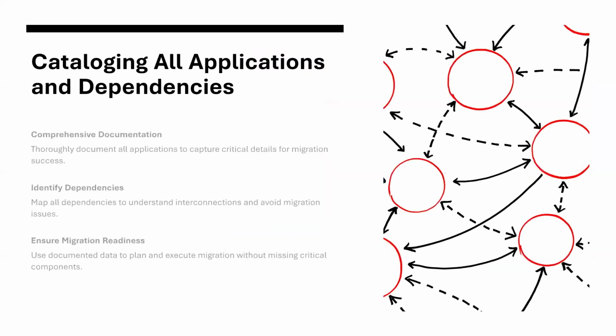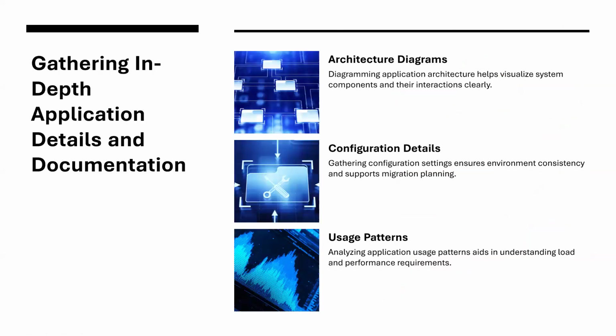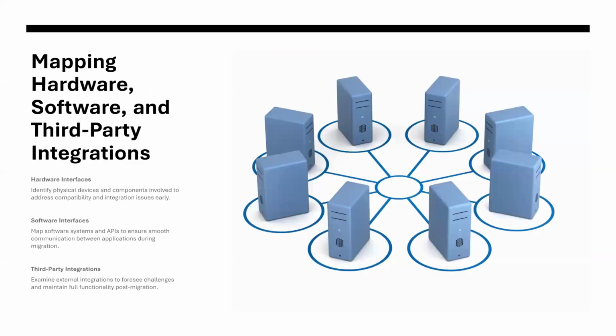When we are talking about applications and their dependencies, what comprehensive documentation we have to gather, the different applications that are running, identifying their dependencies, migration readiness. We covered all these things in the previous slides. And then what documents you can ask for to gather their configuration details, their usage patterns, so you can decide the target infrastructure, and understand more details like hardware, software interfaces, third-party integrations.